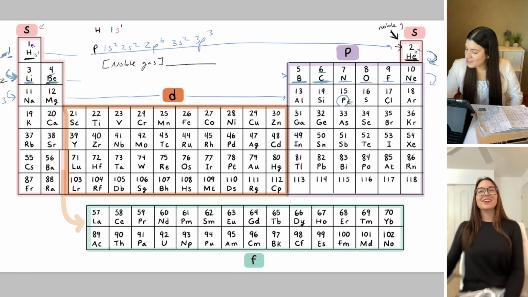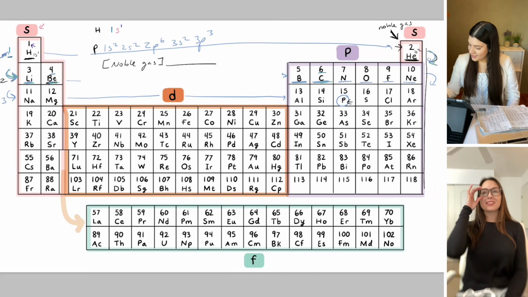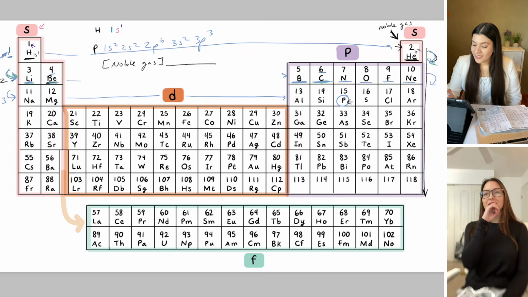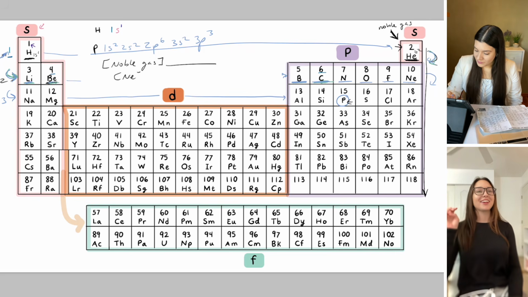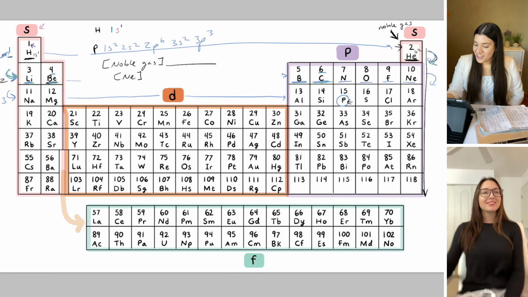Okay, so these are the noble gases. Got it. All of these, yeah. Something Ne, I just don't know what that one means. Neon, yeah. Oh, that's neon. Okay, got it. Still working on that. So neon would basically take the place of all of this.